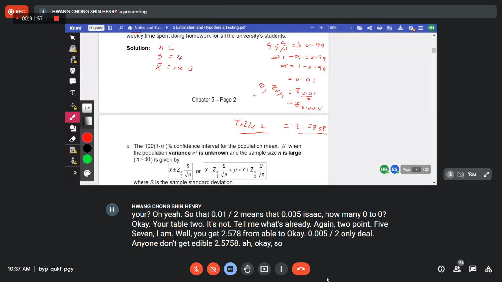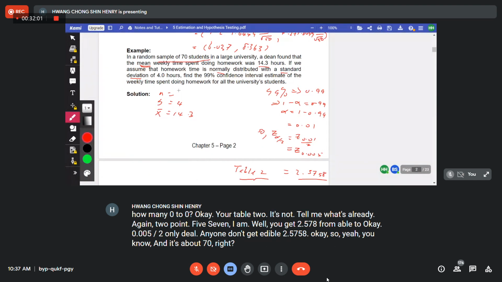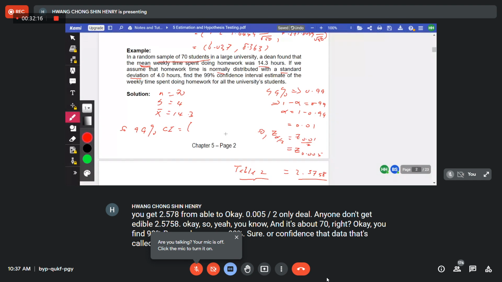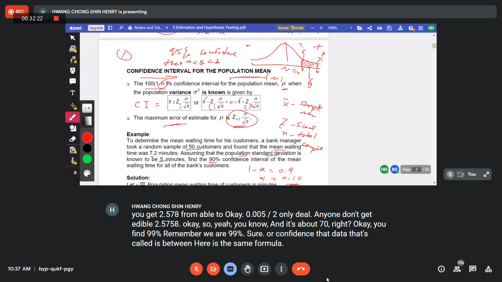Okay, so where are we now? Your n is what, 70, right? So can you find the 99%? Remember, we are 99% sure or confident that the Z score is between. Can you calculate now? Use the same formula. This one.